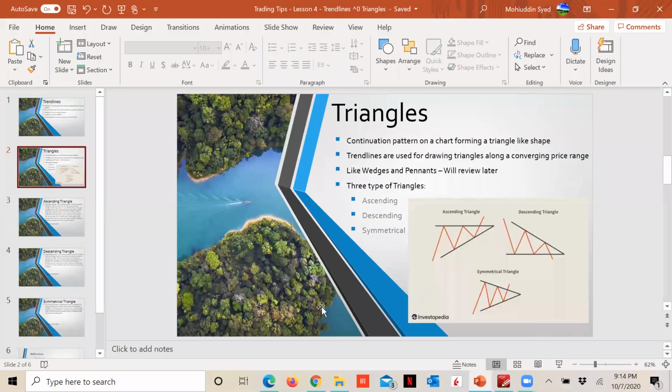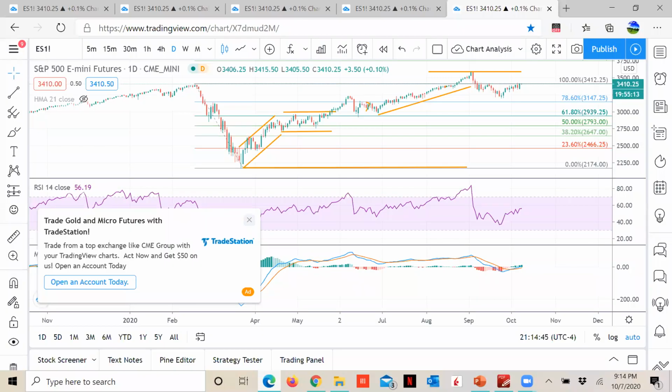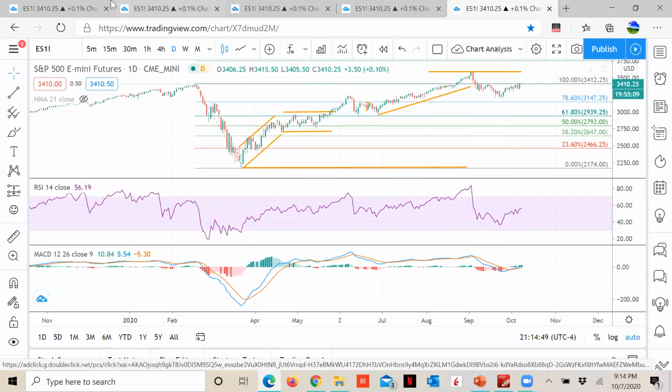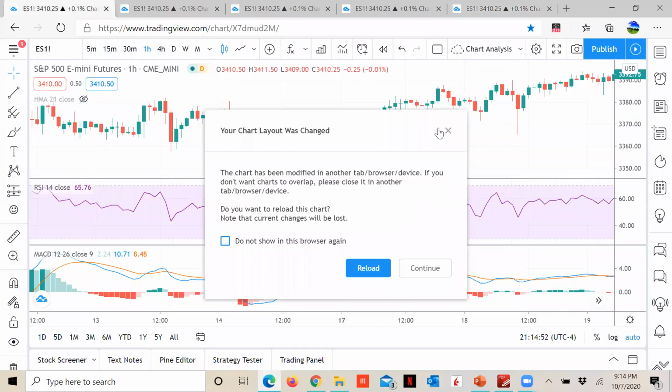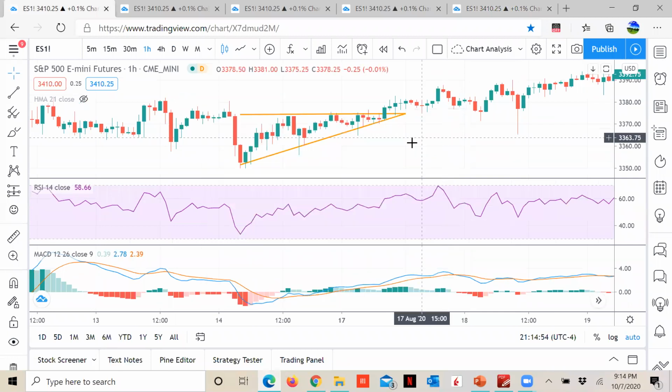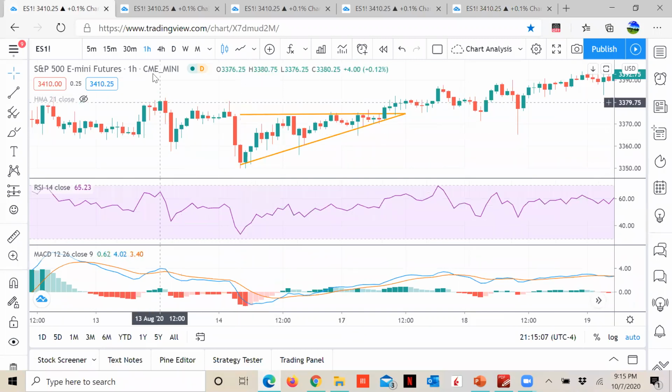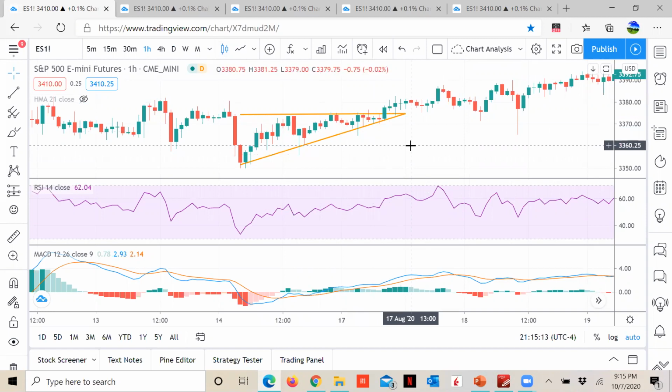Let's take a look. Before the start of the session, I was looking at this. I'm here in August 14, 2020, on an hourly chart. This is a candlestick chart.